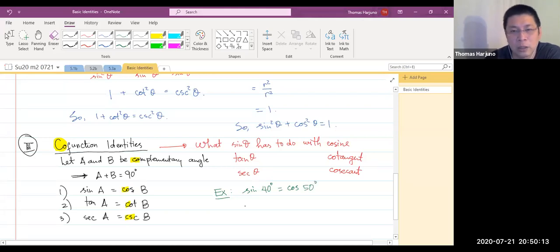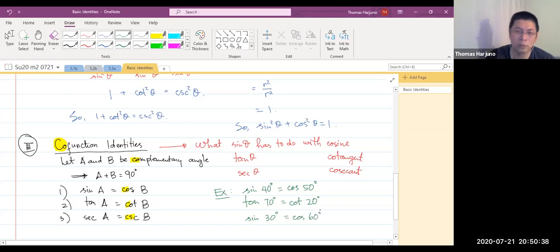Tangent 70 degrees equals cotangent 20 degrees because they add up to 90 degrees. One of the phenomena that we have seen is this: you know that sine 30 degrees is 1/2, and you also see cosine 60 degrees is also 1/2. Do you realize that?